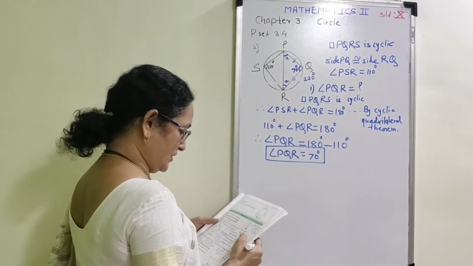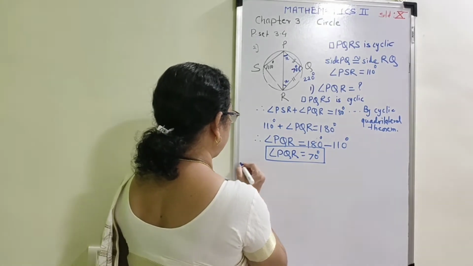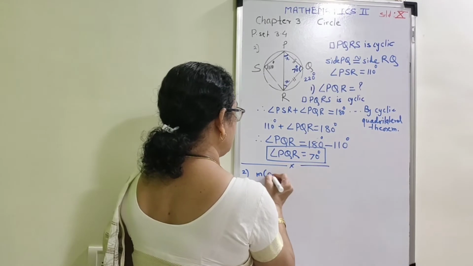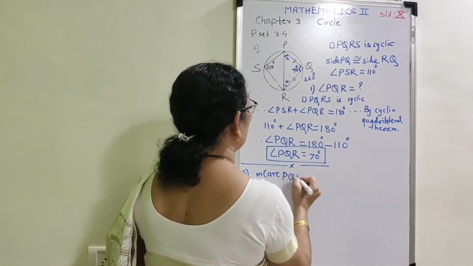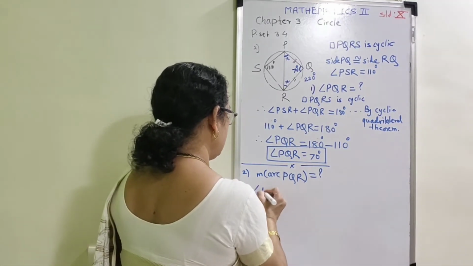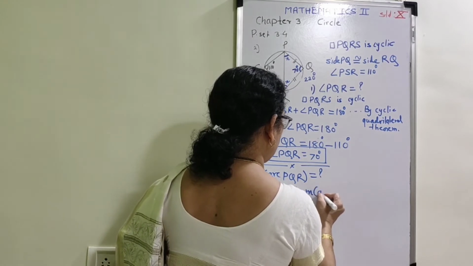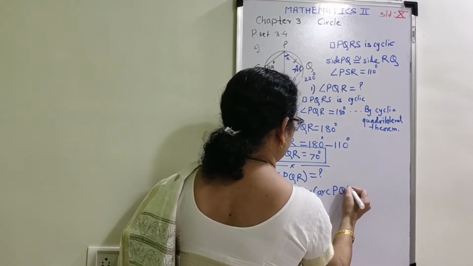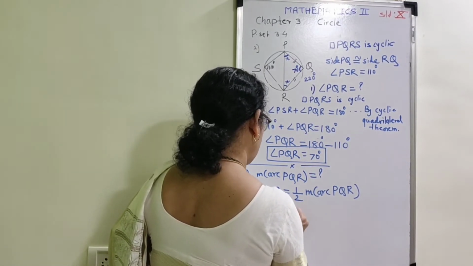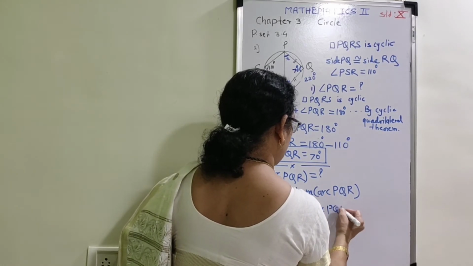The next question they have given is measure arc PQR. Now, the second part is measure arc PQR. You are going to find out angle PSR is equal to exactly half of measure arc PQR, and PSR is equal to 110, half of measure arc PQR.